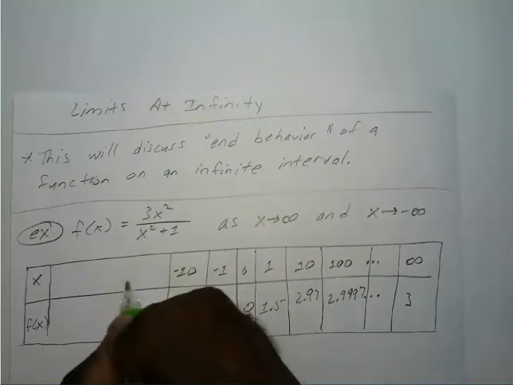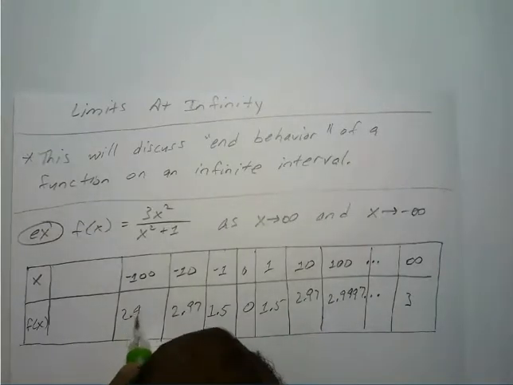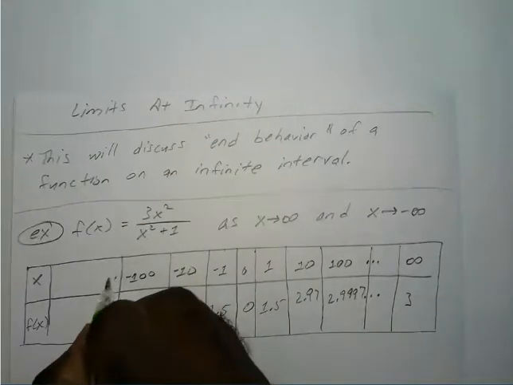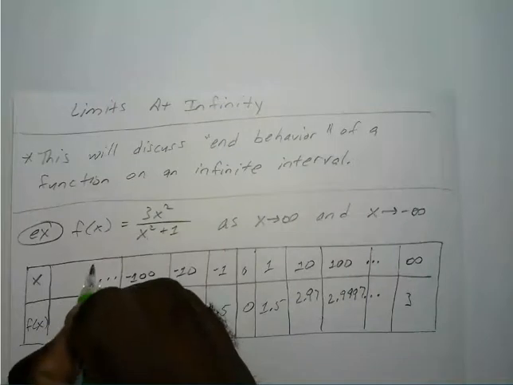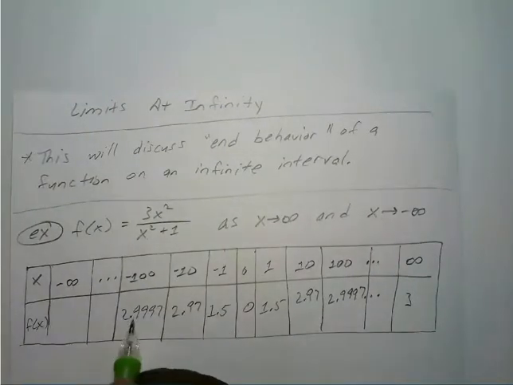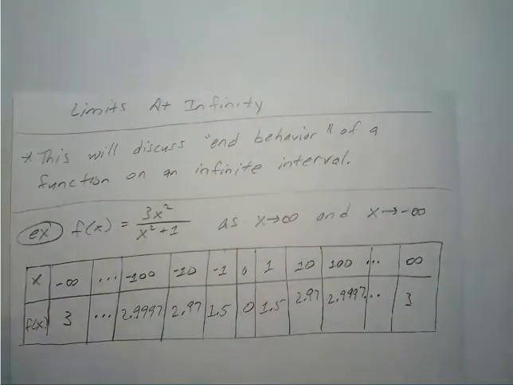If you plug in negative 100, you will get 2.9997. As this number keeps getting smaller and smaller, approaching negative infinity, your f of x gets closer and closer again to the number 3.